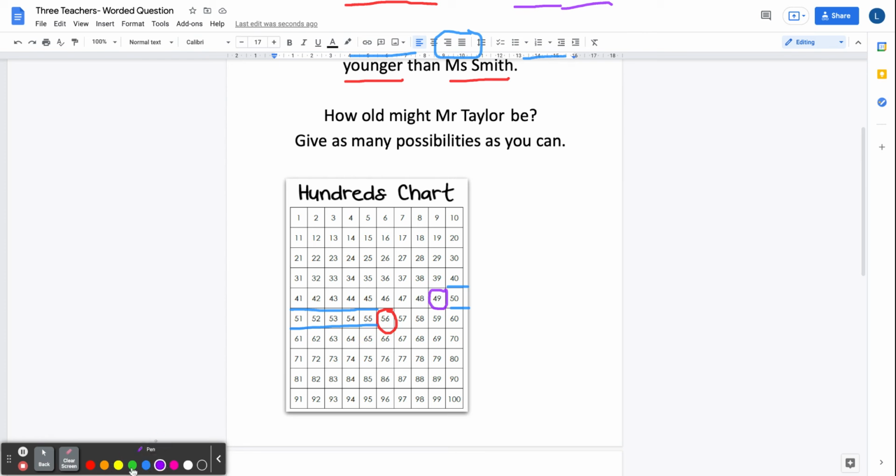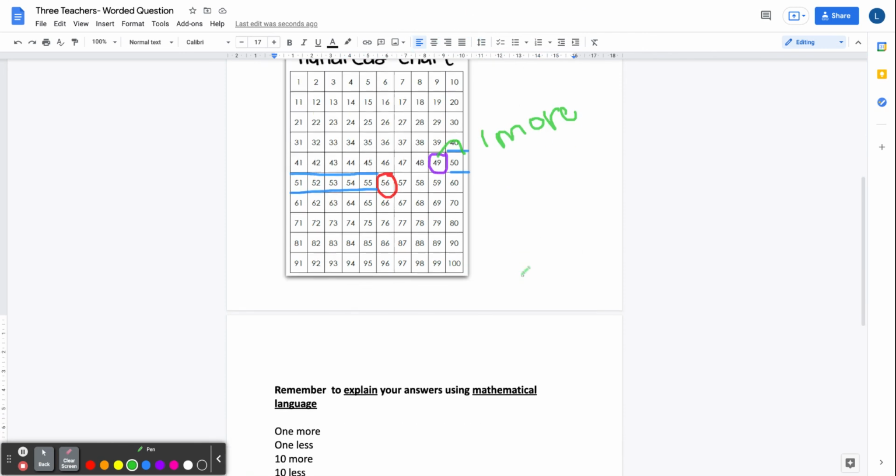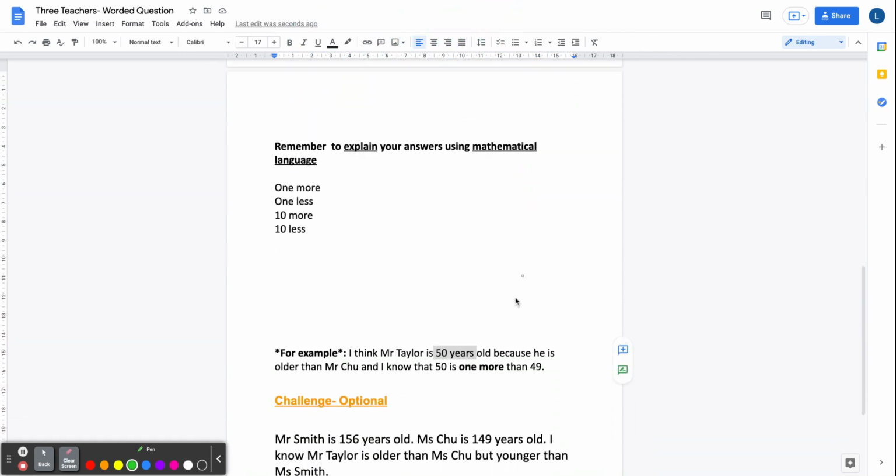I know this because 50 is one more than 49. And I wrote a sentence saying that. And I know that 50 is one more than 49.